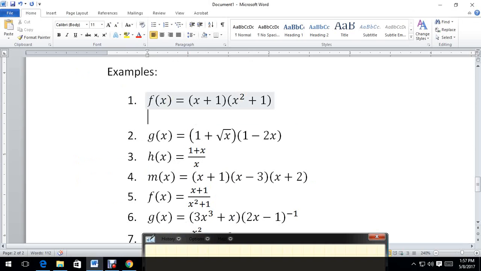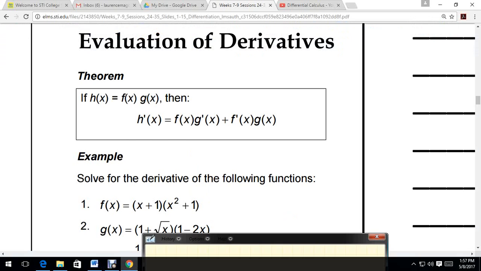As we can see, our first is the form x plus 1, and our second is the form x squared plus 1. Just like what is illustrated in the theorem, if h of x is equal to first times second, the derivative of h of x is first times derivative of second plus second times derivative of the first.